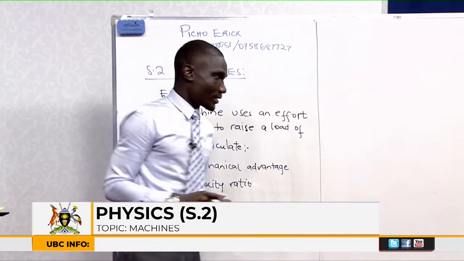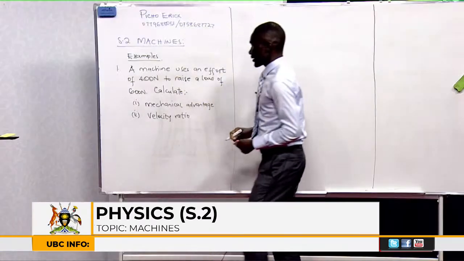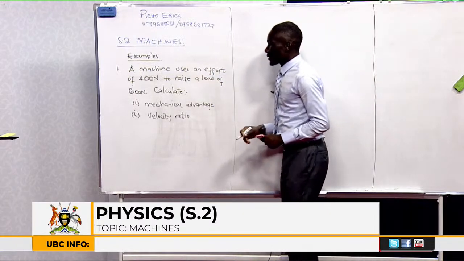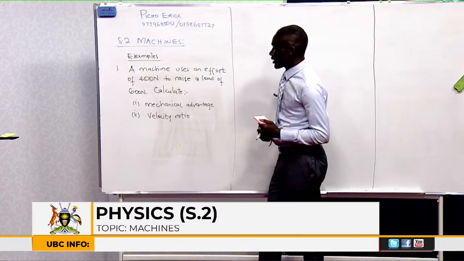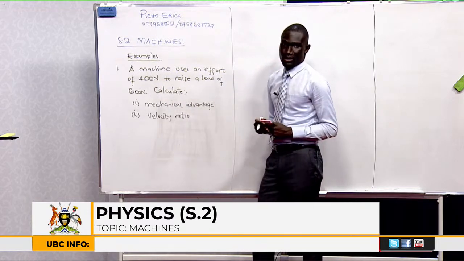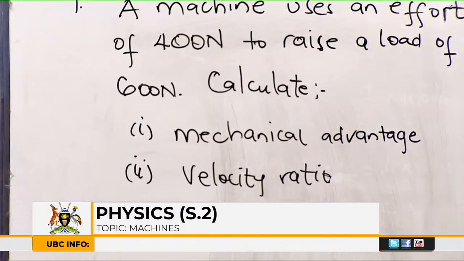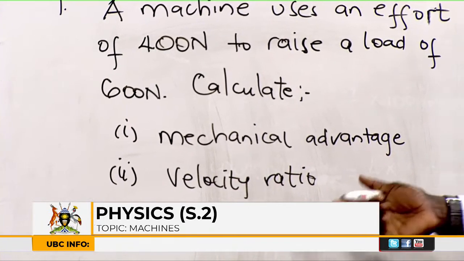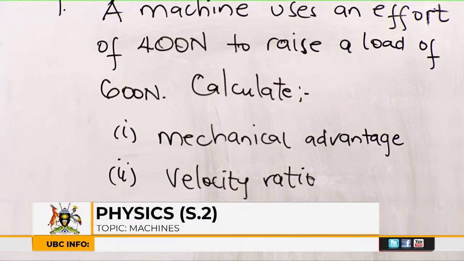Yes, so that's the example that I want us to begin with, that a machine uses an effort of 400 Newton to raise a load of 600 Newton. Then we want to calculate the mechanical advantage of the machine and the velocity ratio of the machine. Now, I need to draw your attention to something very important that we discussed.